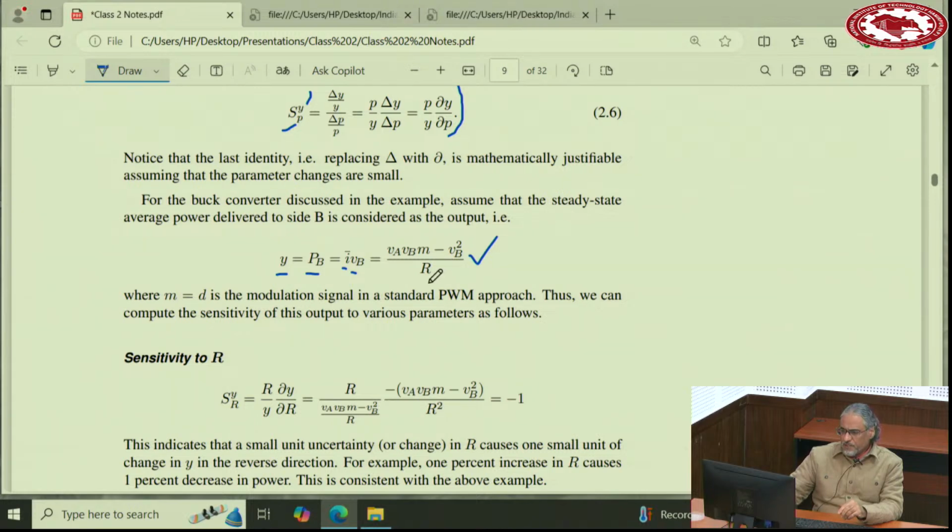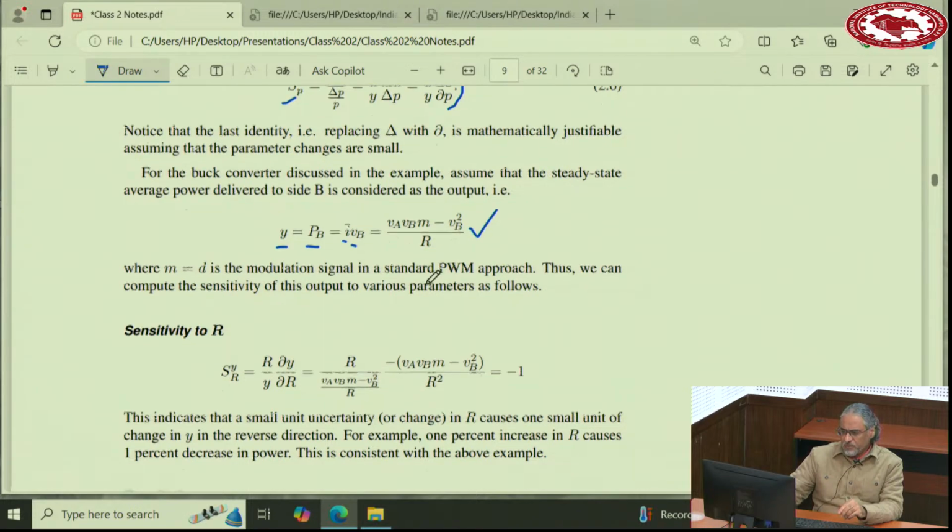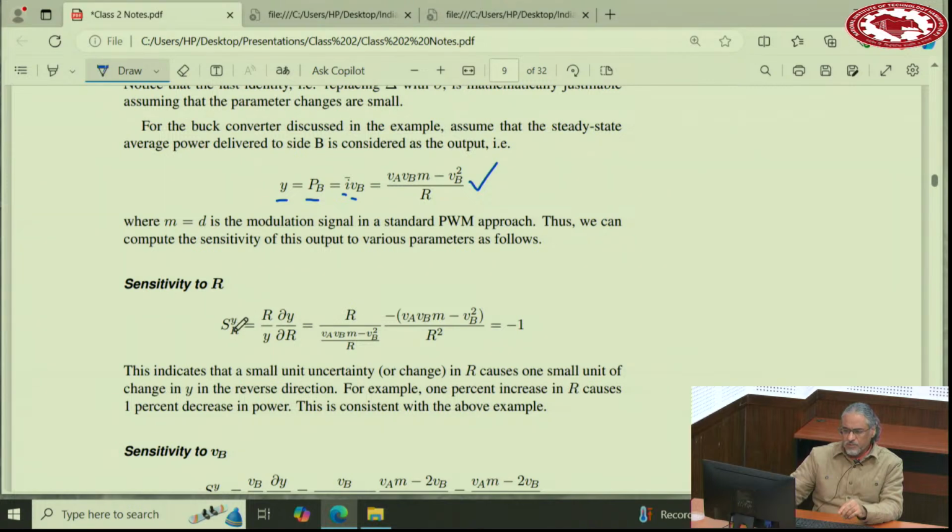So for instance, let's look at other sensitivities also. Sensitivity of the output with respect to R calculates similarly. And really, I expect you, when you get home and you receive the files, you can start playing and derive these equations. I cannot derive them in detail, but please do it for your education. And then you realize the sensitivity is -1.